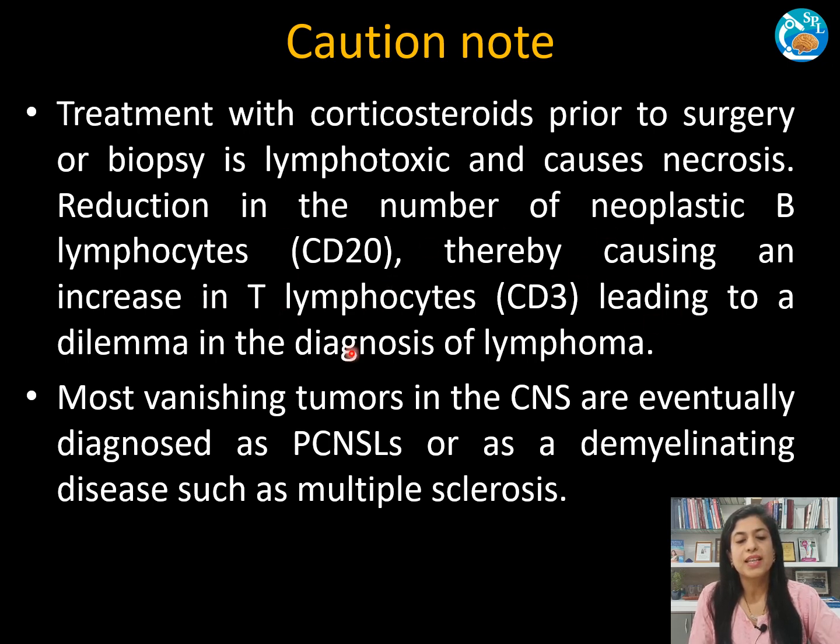Neoplastic B cells are destroyed because of the corticosteroids, causing falsely elevated levels of CD3, that is the T lymphocytes, leading to a dilemma whether it should be called a lymphoma. These tumors are then misdiagnosed as demyelinating disease, and eventually the lesions of the lymphoma flare up.